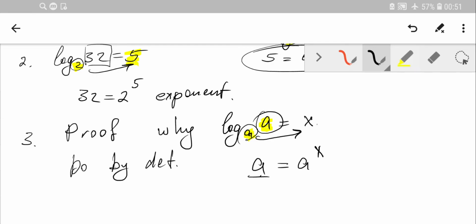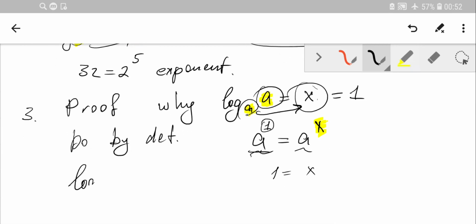So what to do next? Having two bases the same, you need to equate powers. But be careful, the power is not 0, the power is 1. So 1 will be equal to x, and hence the resulting number of this operation is 1. So we have proved one more time that log a is equal to 1. This is done by definition.